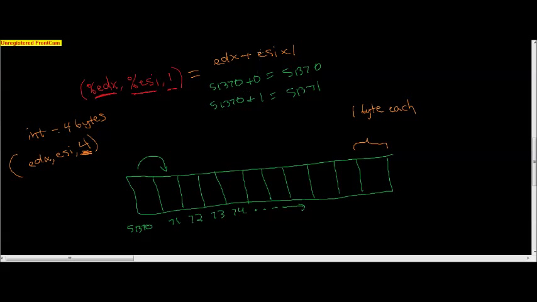So then if you increment ESI again, ESI would be 2 now, so 2 times 1, 51372. Alright, so then that moves us to the next address. Right, so this is how we're moving through arrays. You pick the first element of the array, and then you just hop from space to space depending on how big your data is.